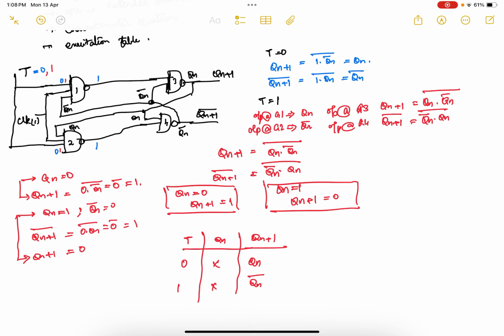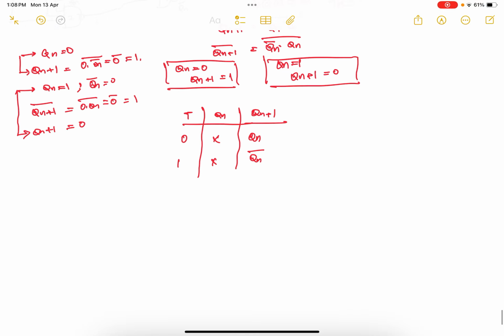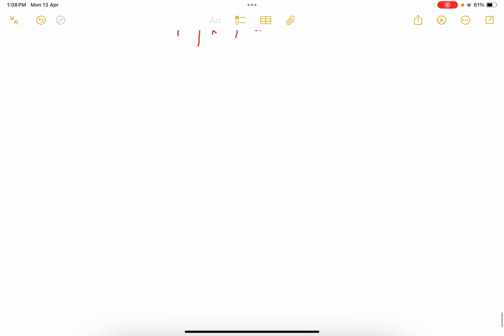Now we are going to explain this in the form of an extended truth table.